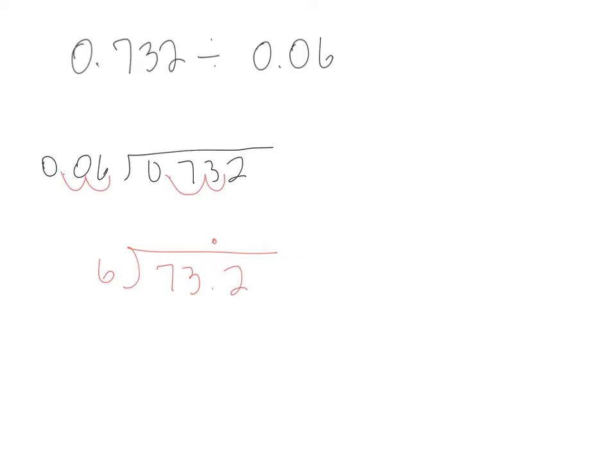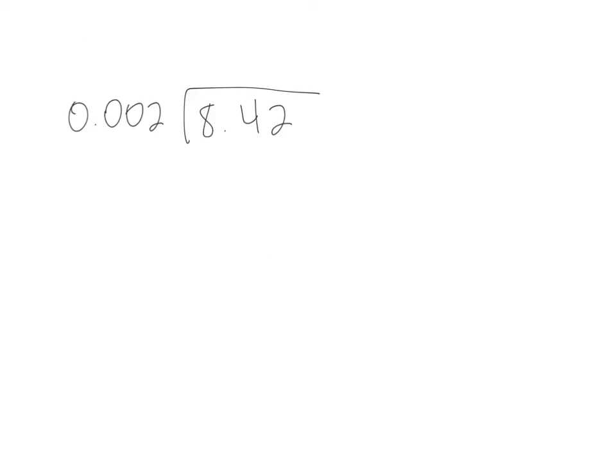Bring that decimal point straight up. 6 goes into 7 once. 6 goes into 13 twice. 6 goes into 12 twice. 73 and 2 tenths divided by 6 is 12 and 2 tenths.